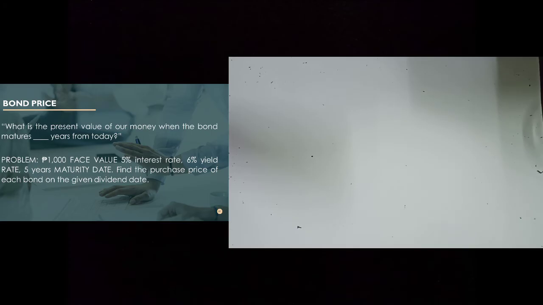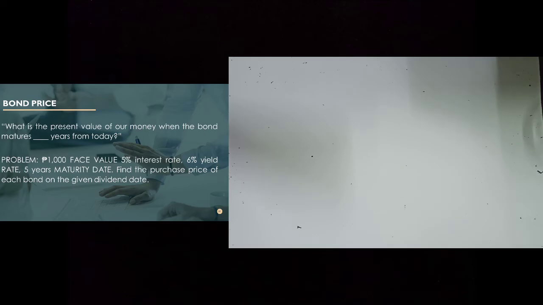So when we say bond price, the only question is, what is the present value of our money when the bond matures? Or what is the present value of our money 4 years from now, or 10 years from today, and so on. Again, bond price, the main question is, what is the present value of our money when the bond matures?